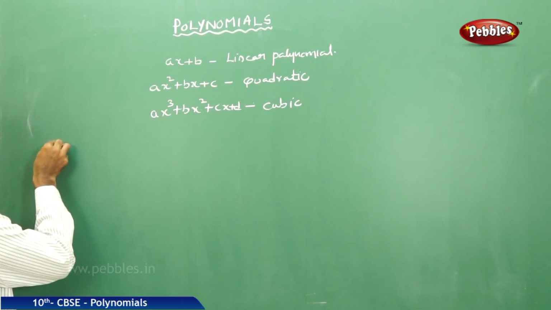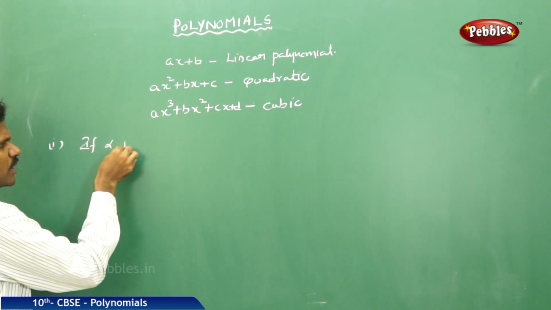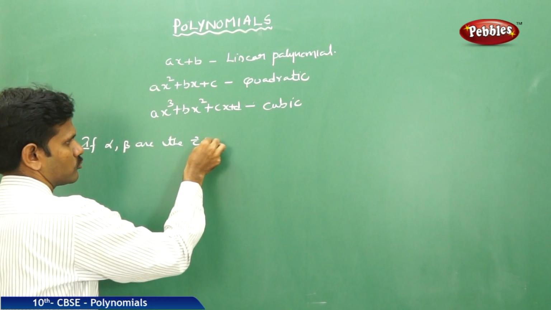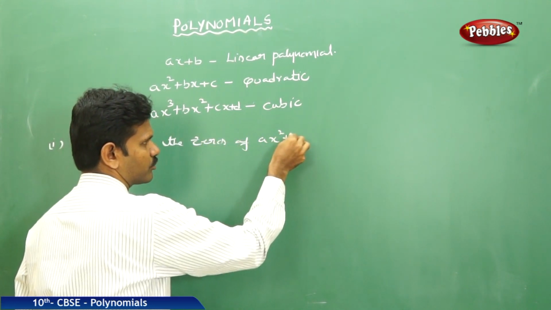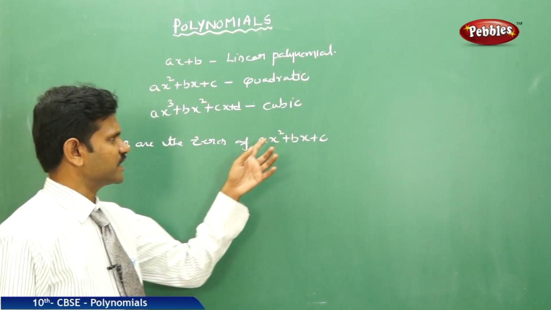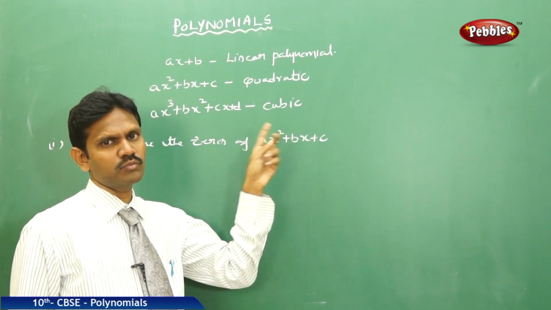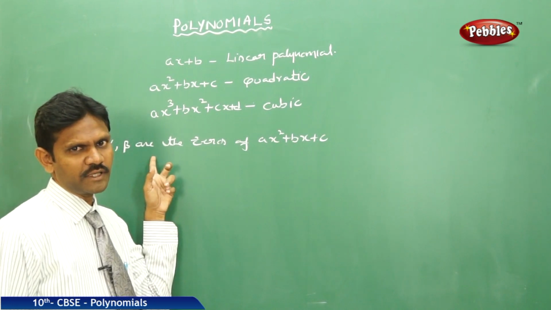Suppose alpha comma beta are the zeros of ax square plus bx plus c, that is, the highest degree is 2. Highest degree 2 means it has a maximum of 2 zeros. Let their names be alpha and beta.